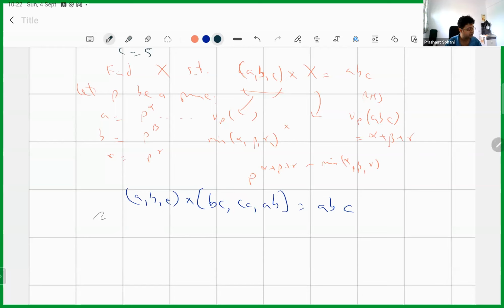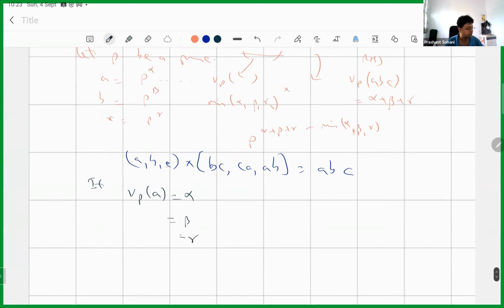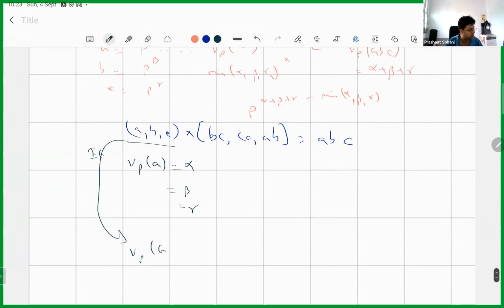If A is P raised to alpha times something, I don't write the whole thing every time. That is where we develop the periodic notation. So if the VP of A is alpha and similarly beta and gamma, then for the first bracket, the VP of the GCD will be the minimum of alpha, beta, gamma.